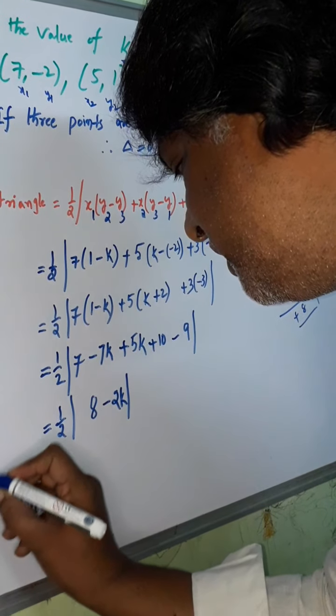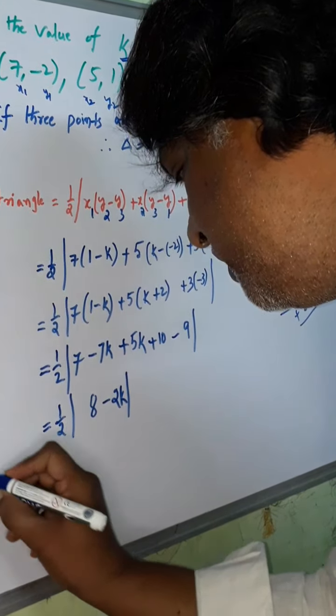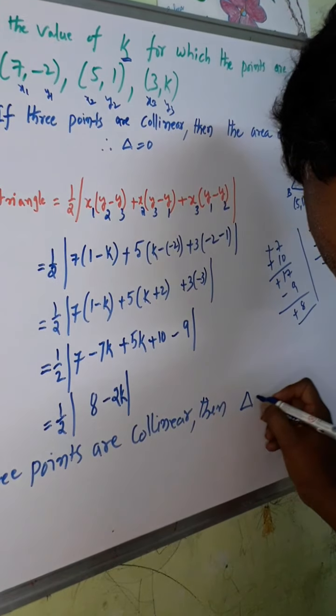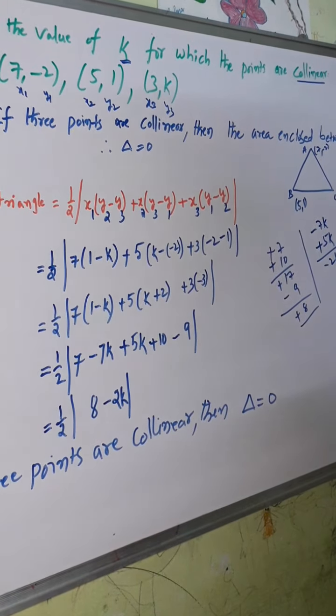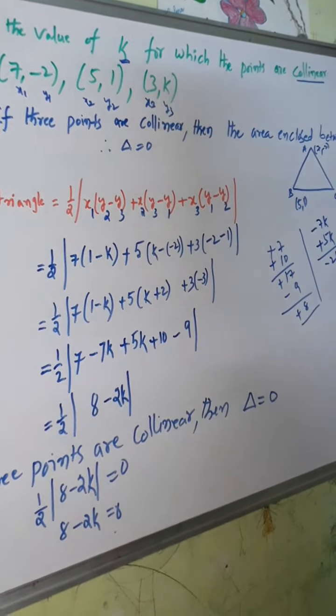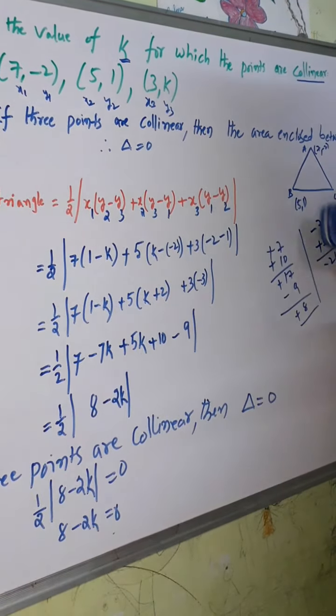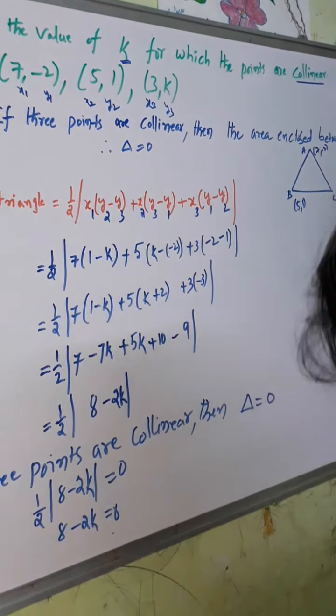If 3 points are collinear, then the area of the triangle is equal to 0. So 8 minus 2k is equal to 0.